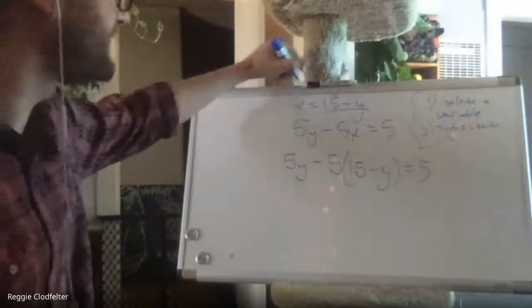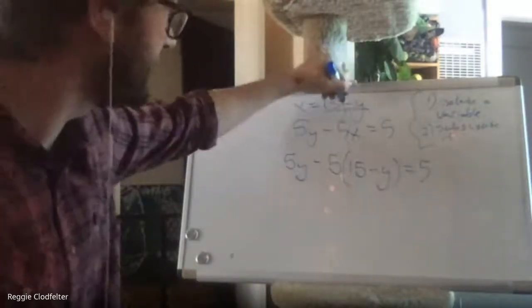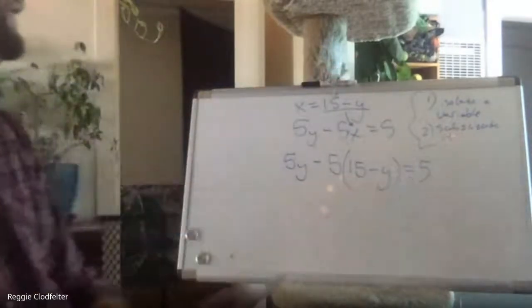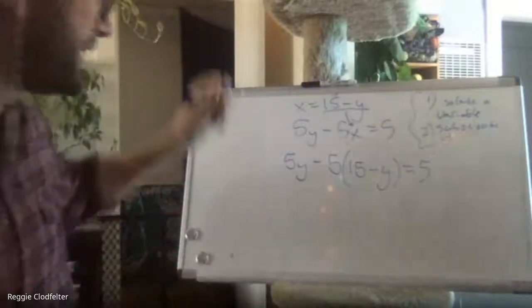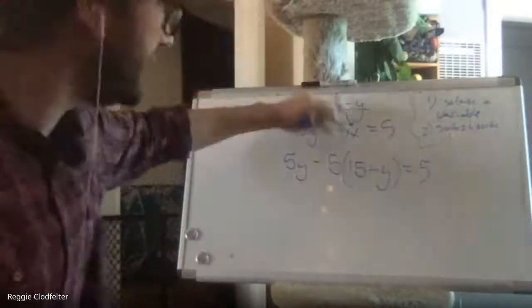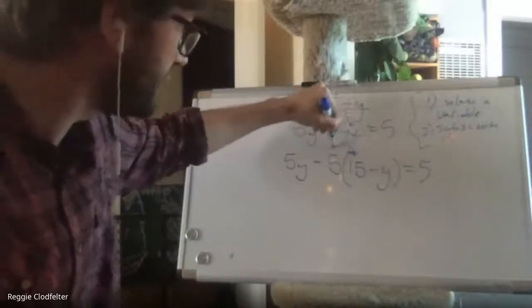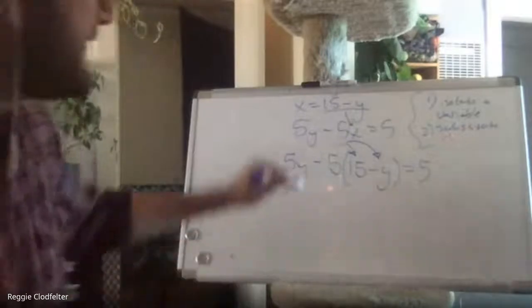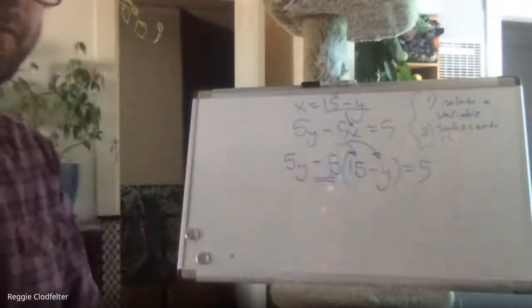To get there, I substituted what x equals, 15 minus y, in for x in the other equation. So this is where x was, the 15 minus y. So the key that I don't want you guys to miss is when you're now multiplying to distribute this negative 5 into the parentheses, you're multiplying by negative 5 because it's 5 minus 5.